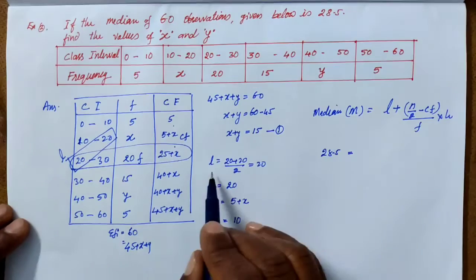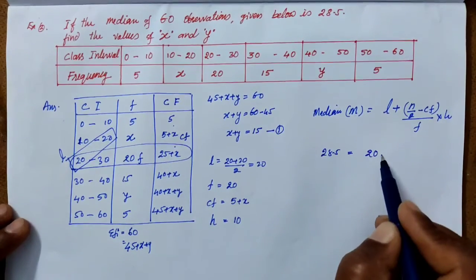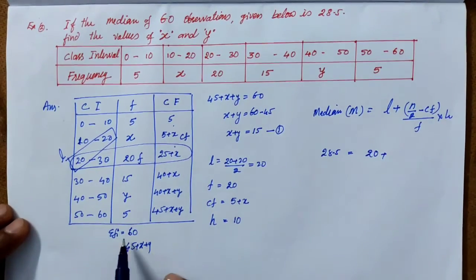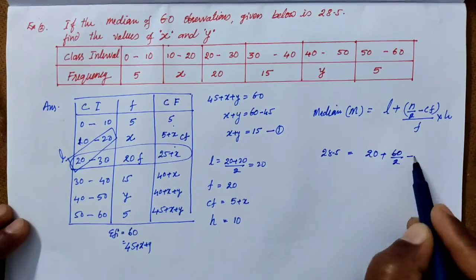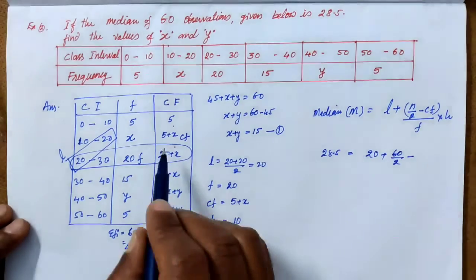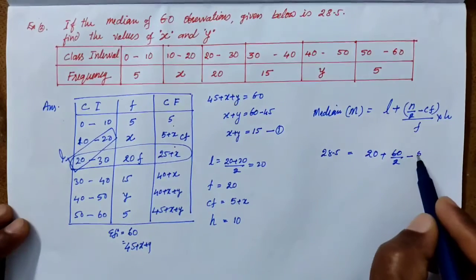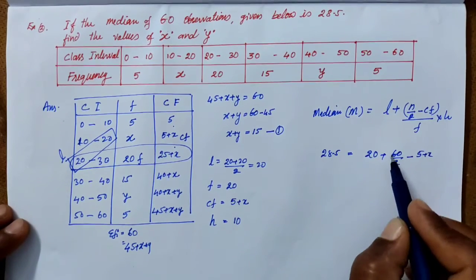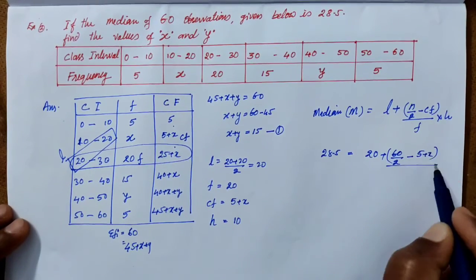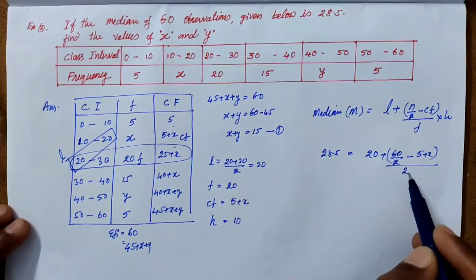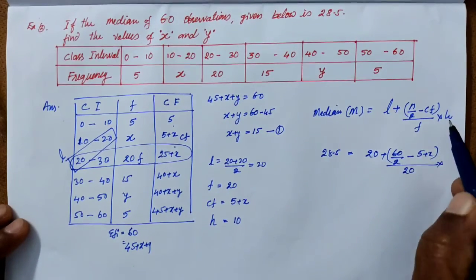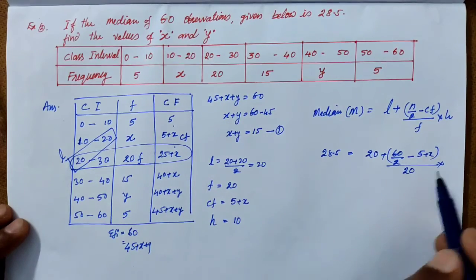L is 20, n is 60, CF is 5 plus x, f, the frequency of the median class, is 20, and h, the length of the median class, is 10.